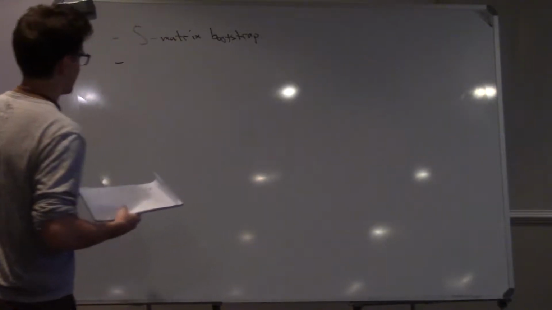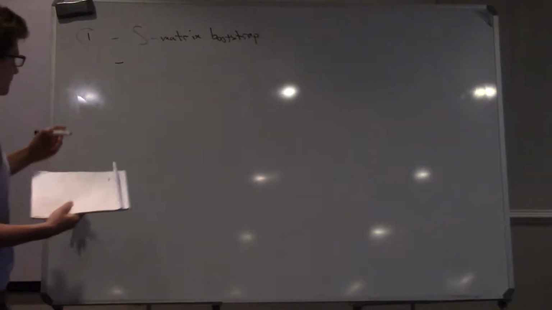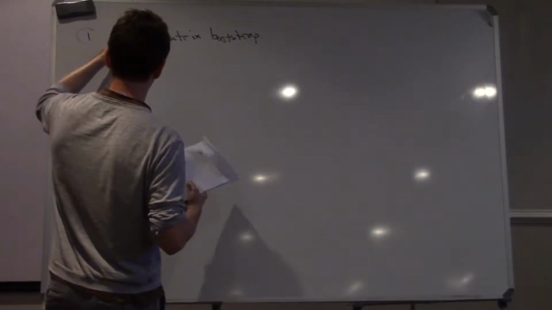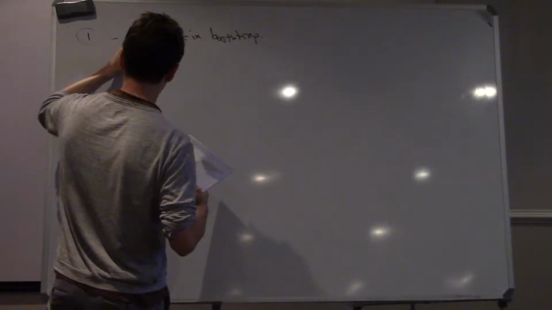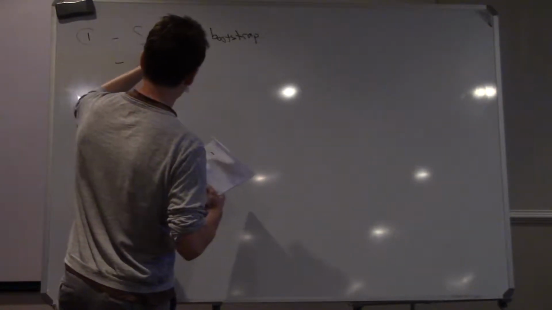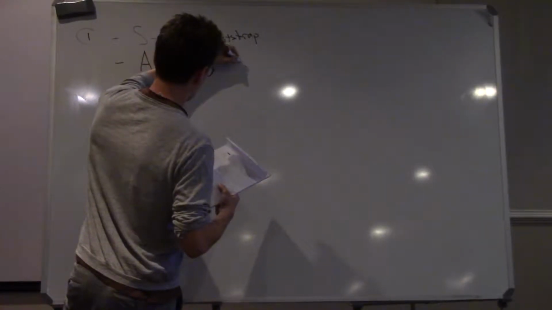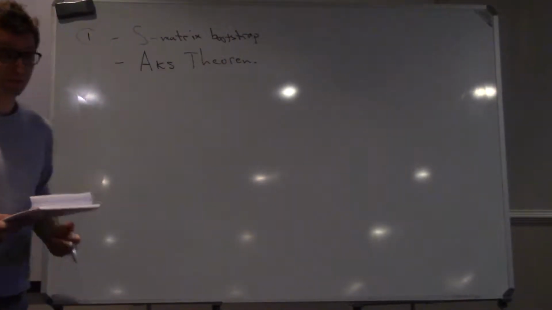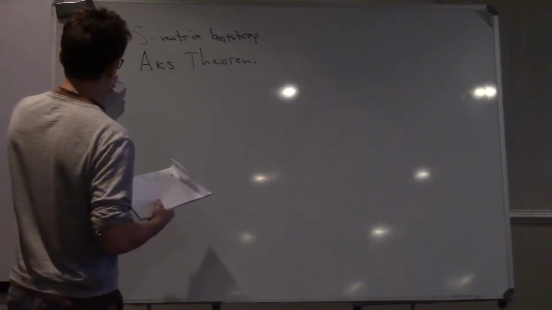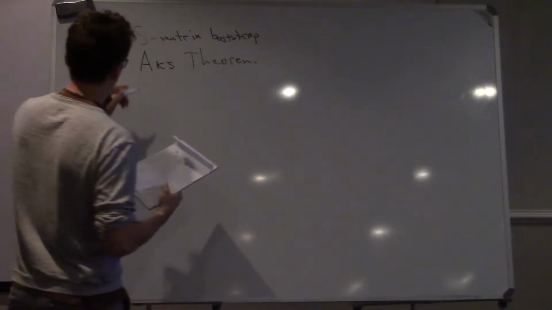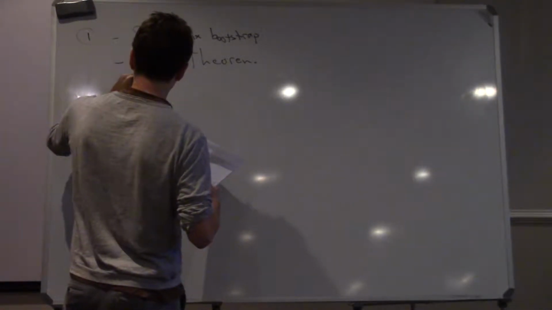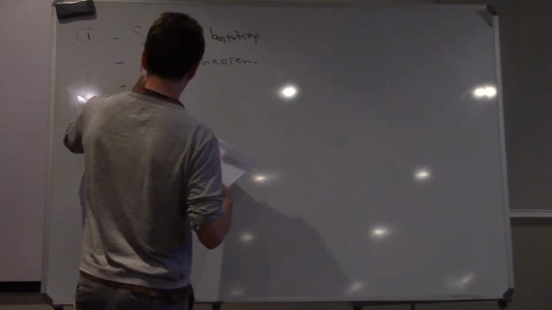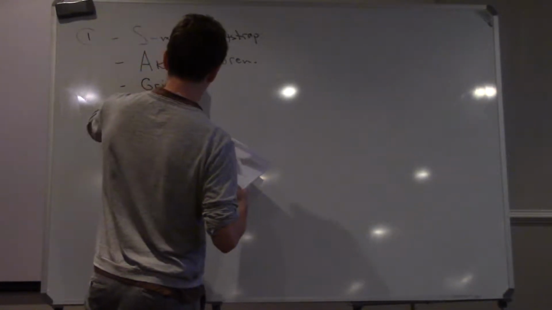Then I would like to tell you about a famous result from the 60s, known as the X theorem. I don't know if all of you know what it is. I never heard about it, but it's a very beautiful result. And then the second result is what is known as the Zhiboedov theorem.